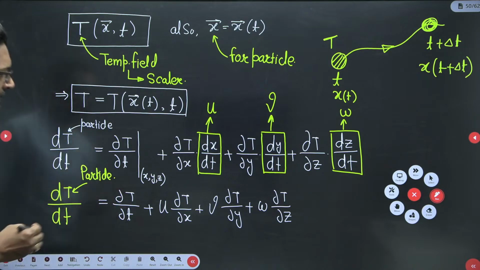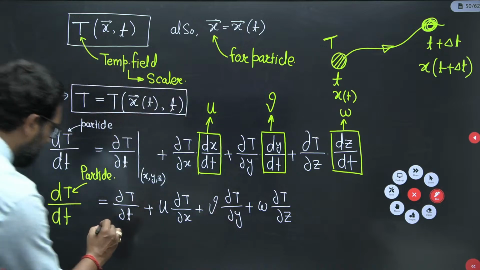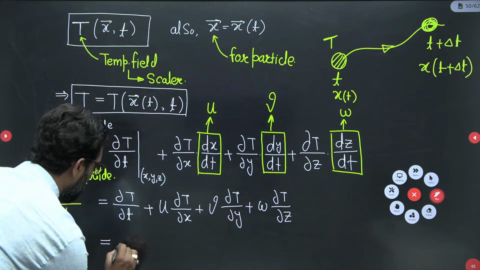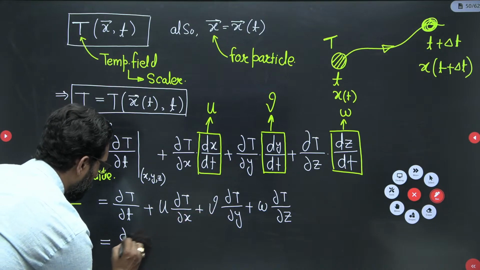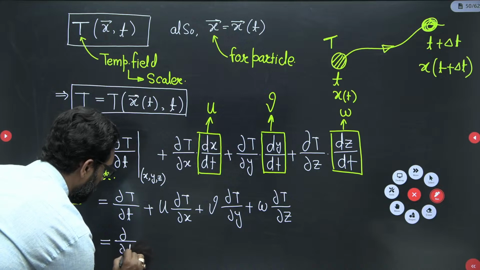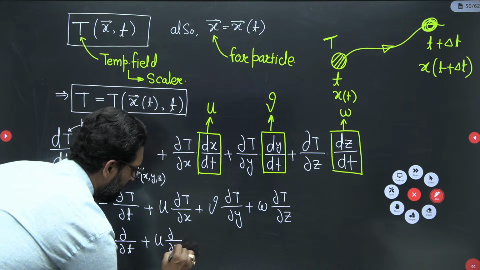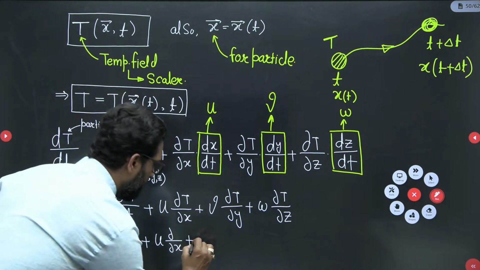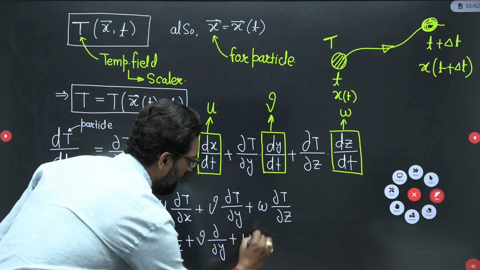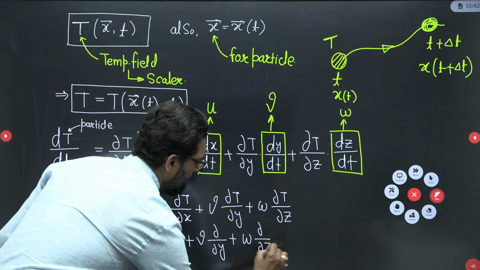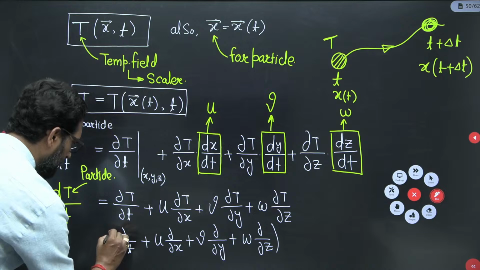Now if we split this, you write dou by dou t plus u dou by dou x plus v dou by dou y plus omega dou by dou z, into T outside.